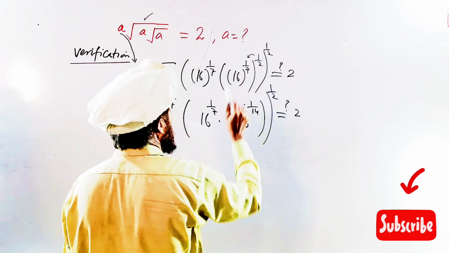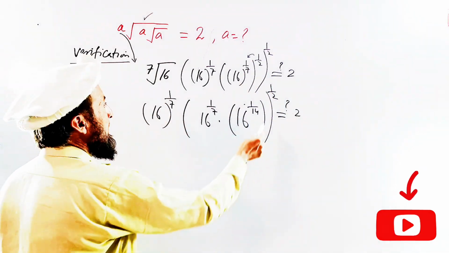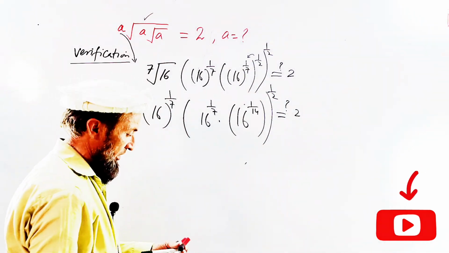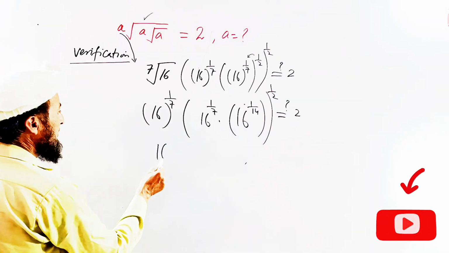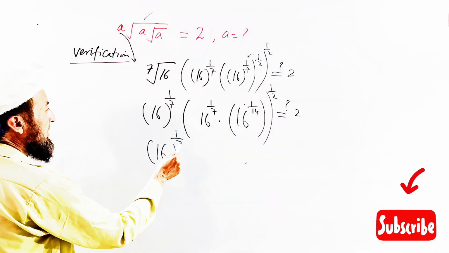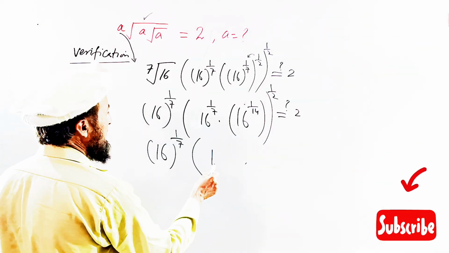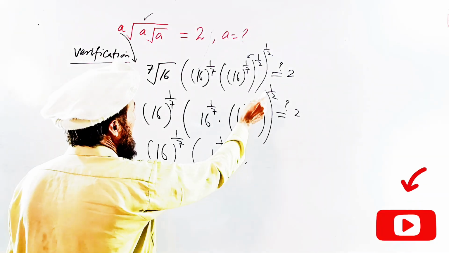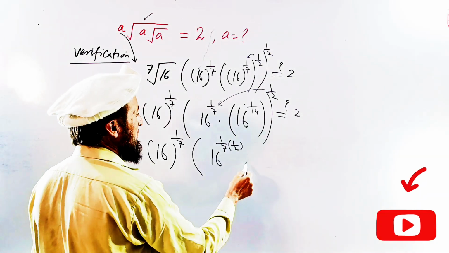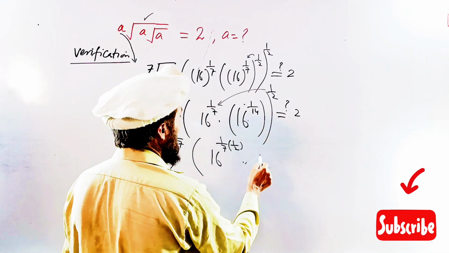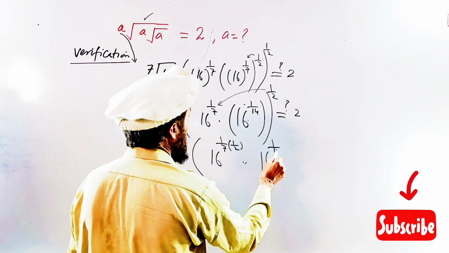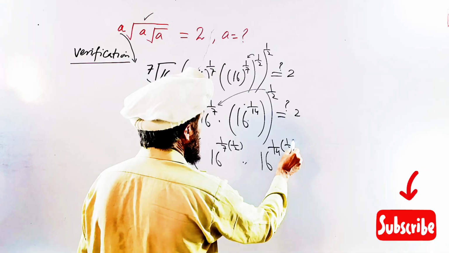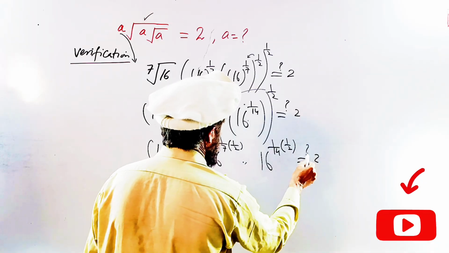We multiply this one, and further we can apply this to each term. So we can write 16 to the 1 by 7 into 16 to the 1 by 7, and to 1 by 2 we multiply by this also, and similarly 16 to the 1 by 14 into 1 by 2 is the question mark 2.